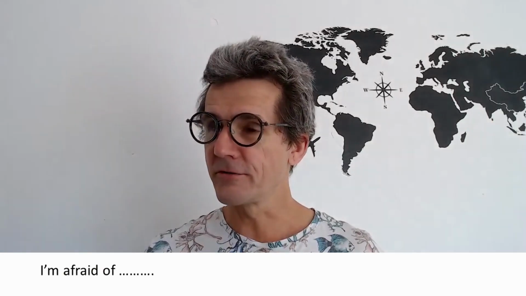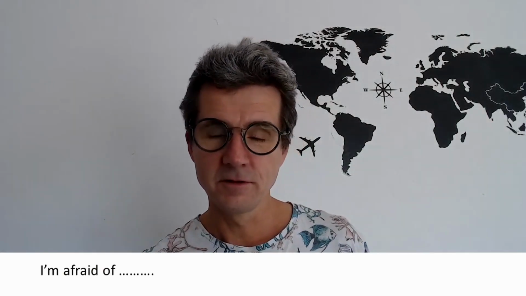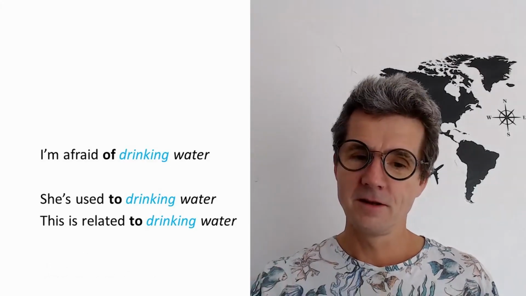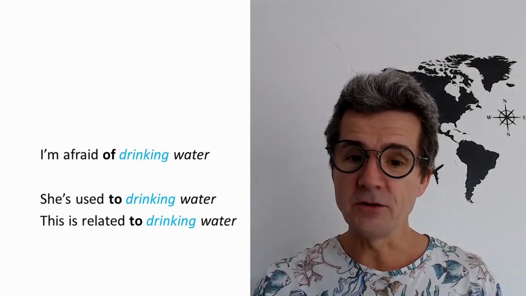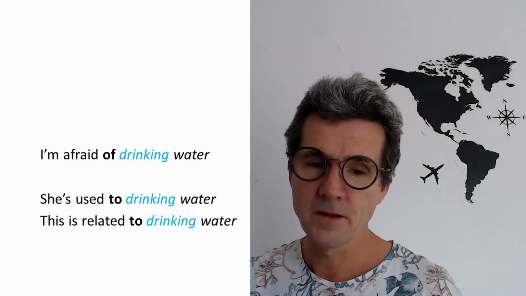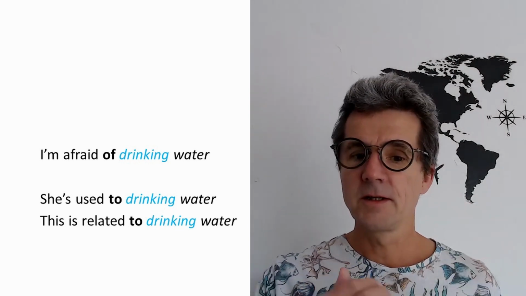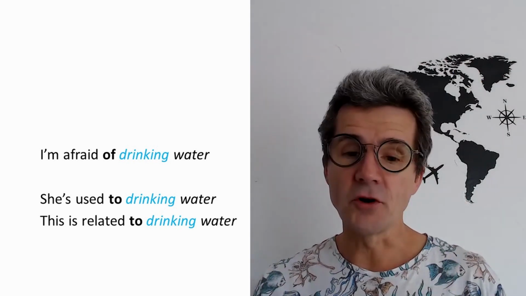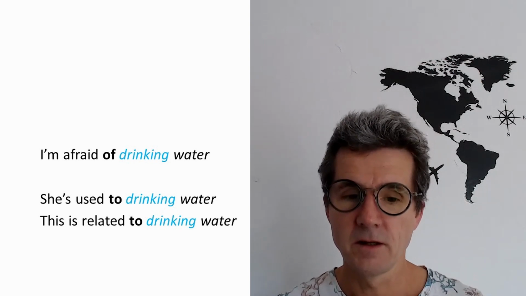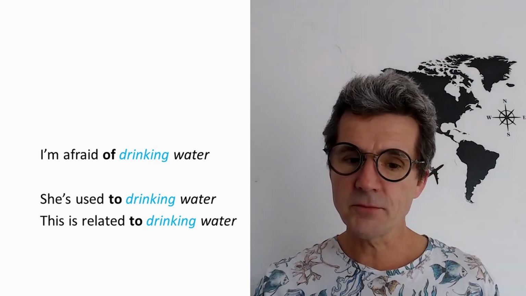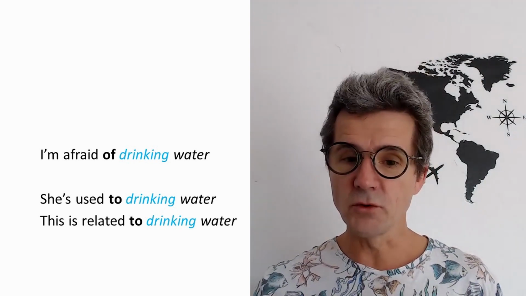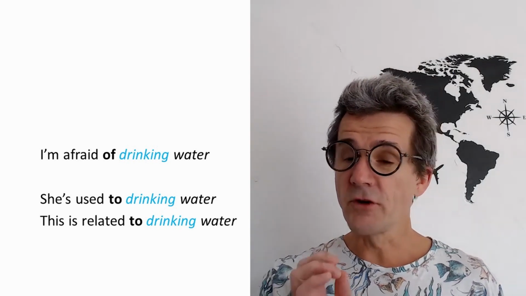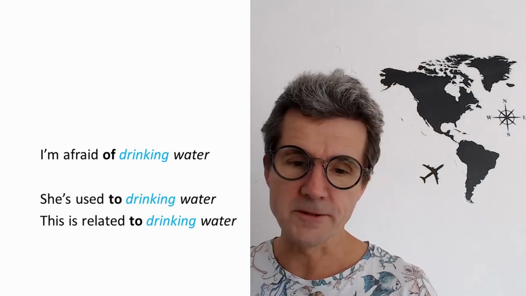I'm afraid of. I'm afraid of drinking water. Here we have the of, and because the of is telling us it needs a type 4 afterwards. Here's a couple of other examples. She's used to drinking water. This is related to drinking water.